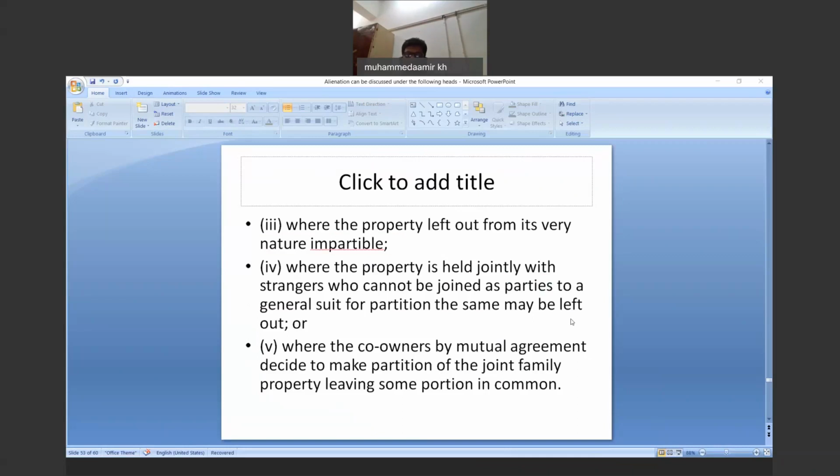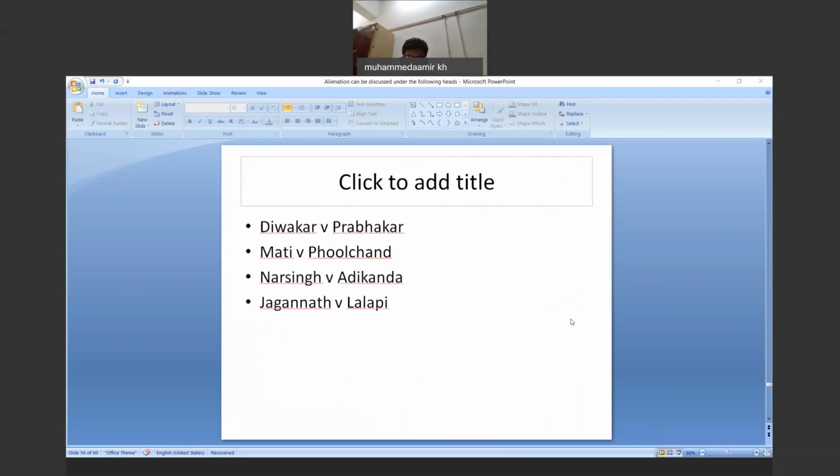And right now we have to start the concept of partition. The presumption which runs is that there is a presumption that every partition is a total partition.